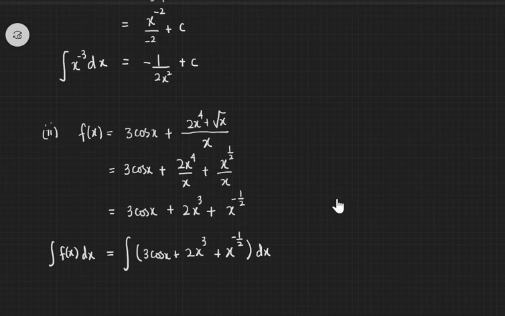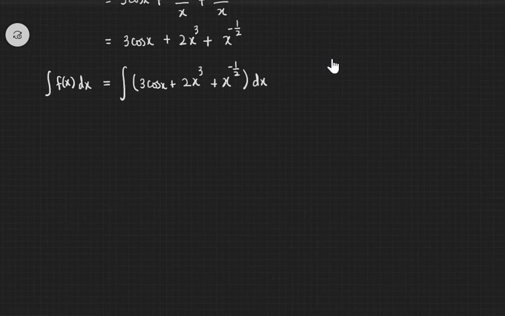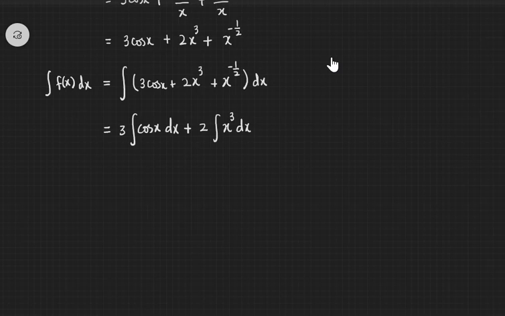Now we shall apply the algebra rules of integration. We can further simplify this as 3 times the integration of cos of x, because 3 is a constant, so we'll take it outside, with respect to x, plus this 2 will go outside. We'll integrate x power 3 with respect to x, and then the integration of x power minus 1 upon 2 with respect to x.